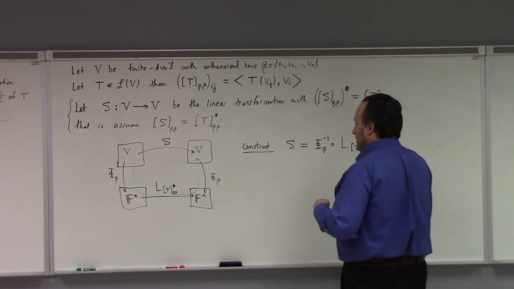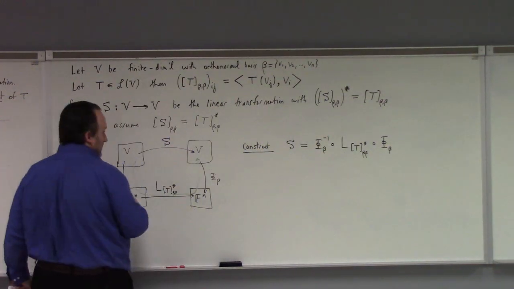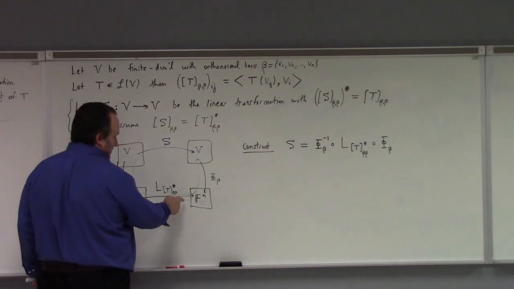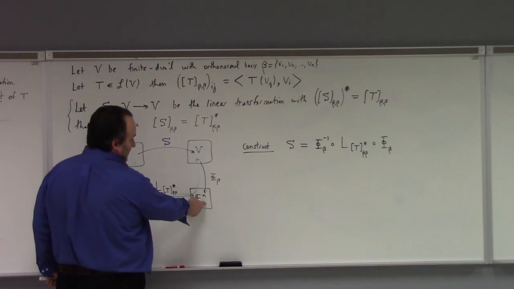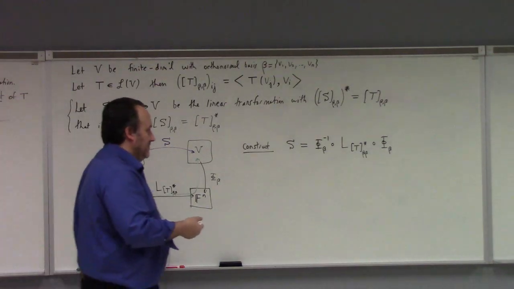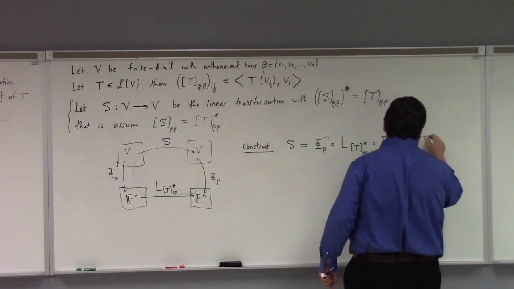I think that should be okay, if I didn't mess anything up. So I start here, I go down to Fn. Fn is multiplied by the Hermitian adjoint of the matrix. That takes me over here, and then I do the inverse map to get back up. Now, this is a linear transformation on V.